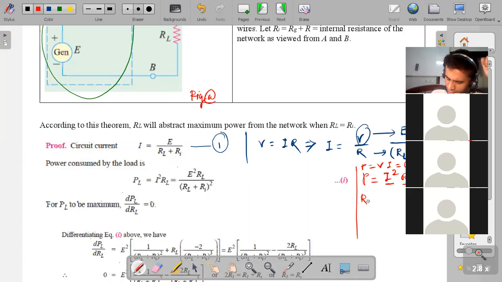Therefore, instead of R, we write RL. Therefore PL is equal to I square RL. Understood, dear student?